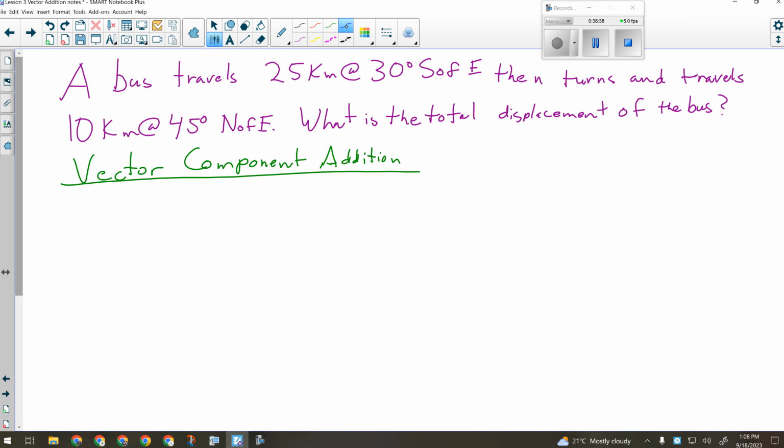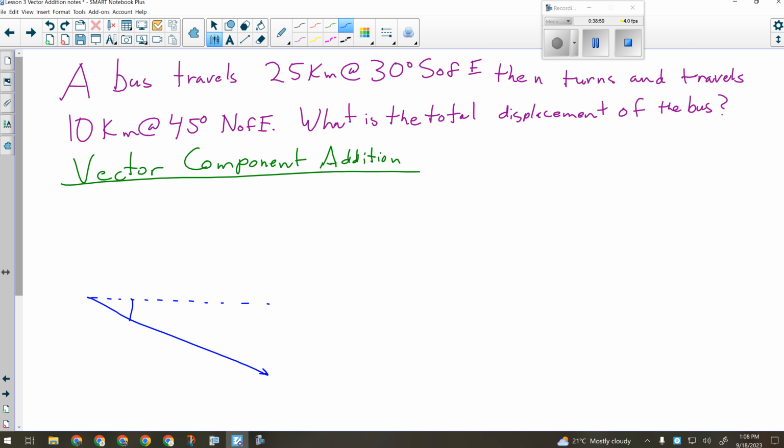So start, and I'm going to draw a reference line that is due east because that's the direction it's measured from. It's 30 degrees south of east. All right, so I'll draw a little angle arc. It gives me about 30 degrees, and then I will draw my vector.